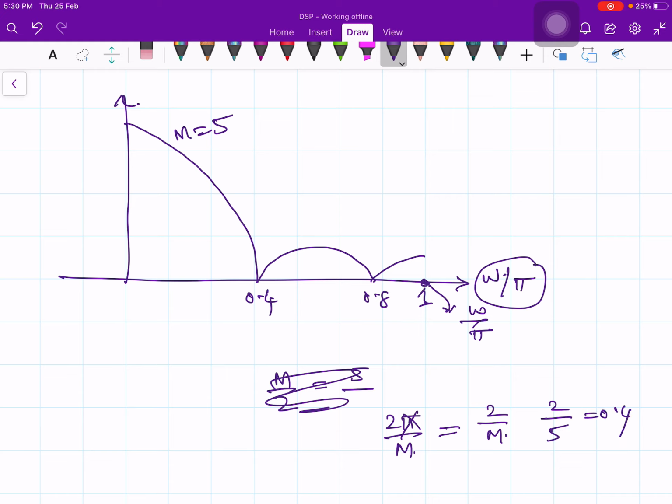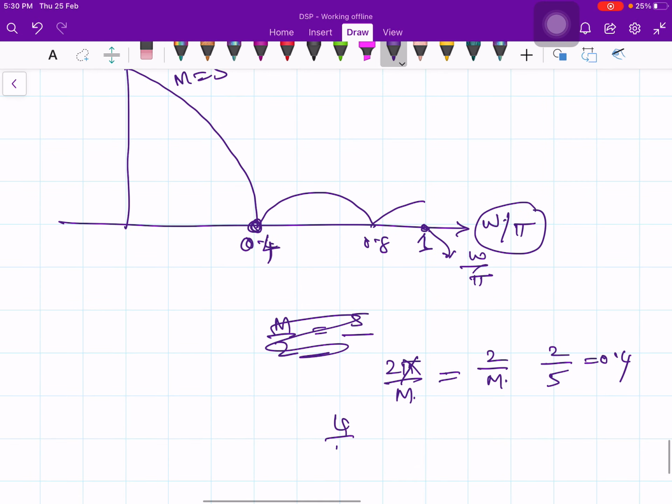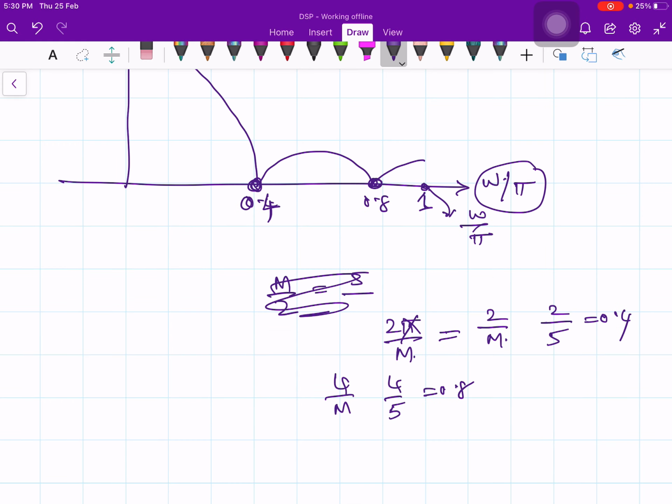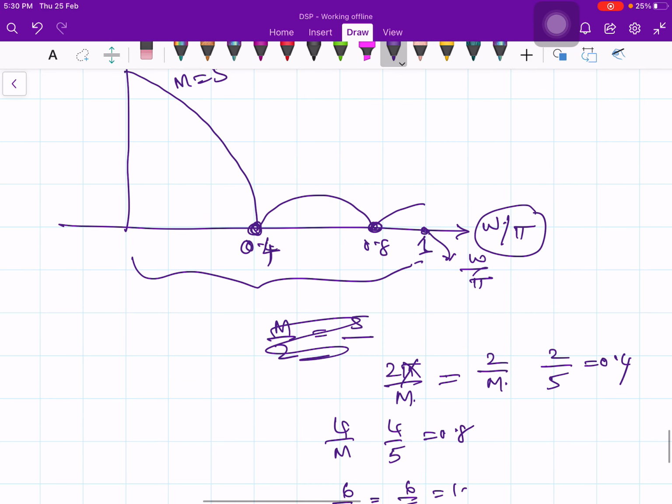That is why you got 0.4. The first zero crossing occurs at 0.4, and the second zero crossing occurs at 4 by m, that is 4 by 5, this is 0.8. Now the third crossing occurs at 6 by m. 6 by 5 is 1 point something, so you will go out of the vision. So I need to look at up to 1 only, so I have only 2 transitions.